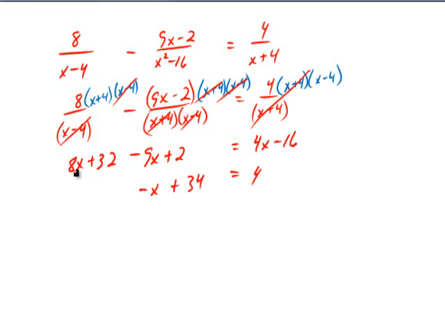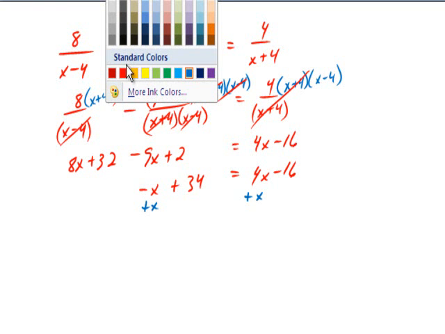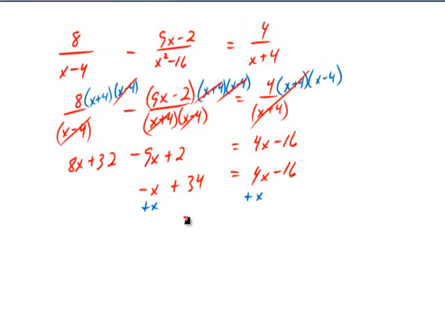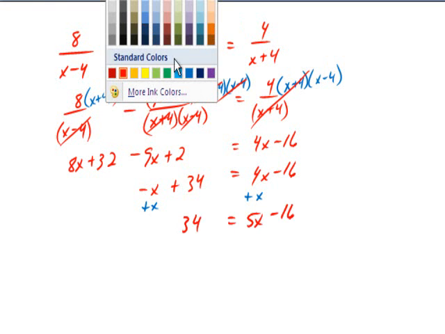If I simplify the left-hand side, negative x plus 34 equals 4x minus 16. I will add x to both sides. I will add 16 to both sides.